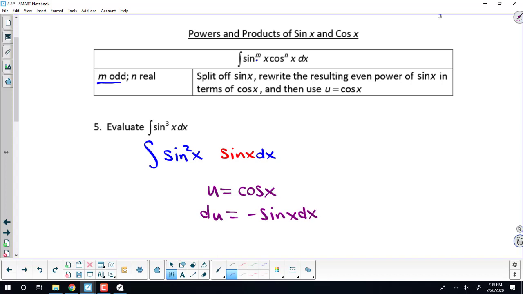If we're trying to substitute in, we don't see a cosine, but we do have a sine squared, which we can rewrite in terms of its Pythagorean identity, 1 minus cosine squared. For sine, and then our sine x, the sine that we split off with the dx.